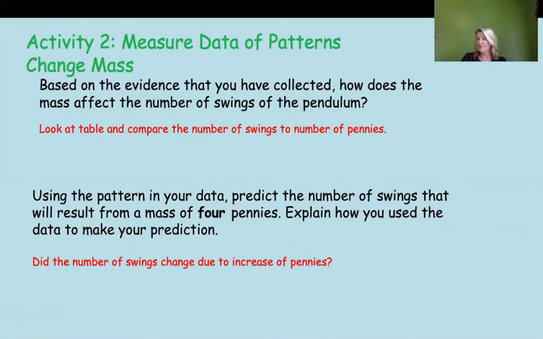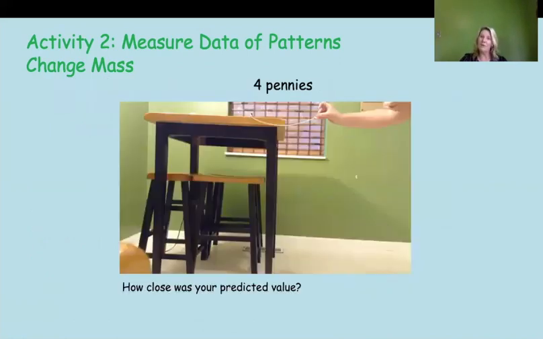Did the number of swings change due to the increase of pennies? So now we're going to test it, and then we're going to see how close we were to our predicted value.